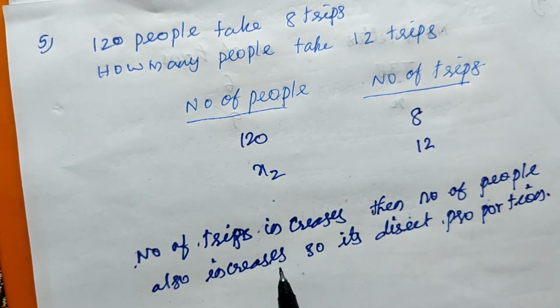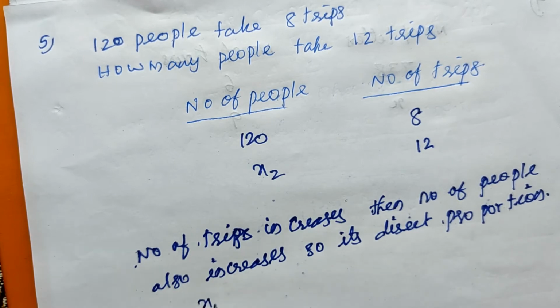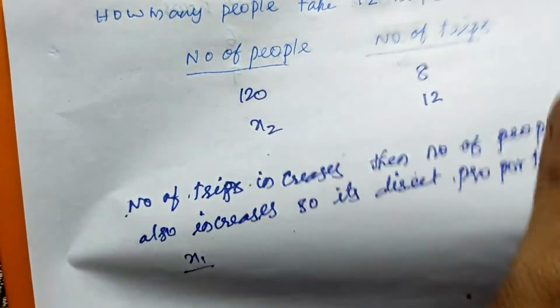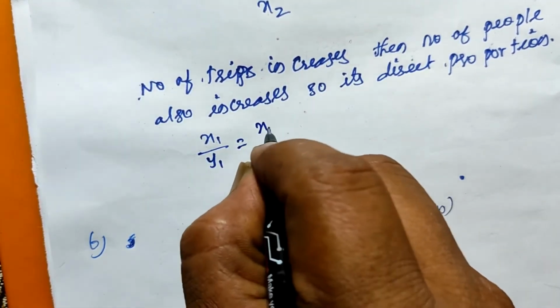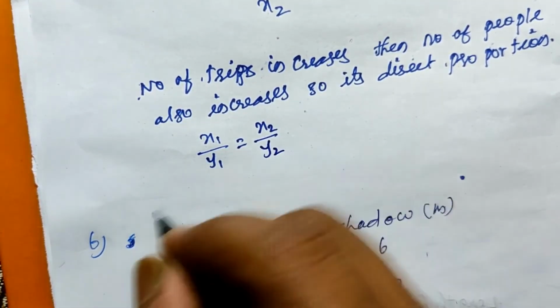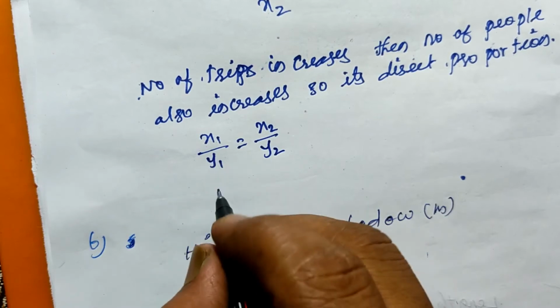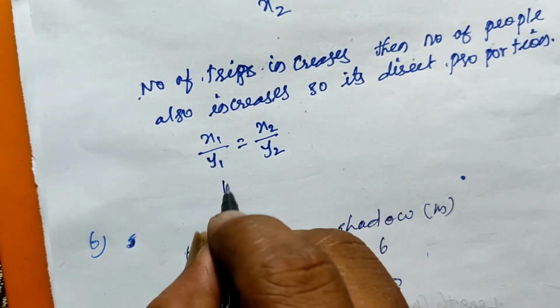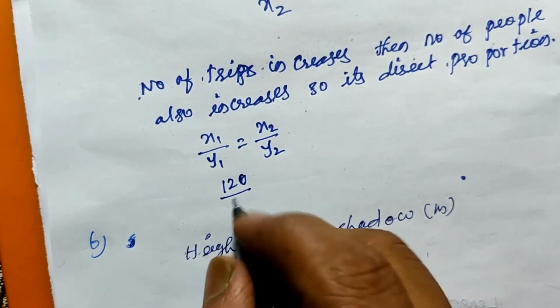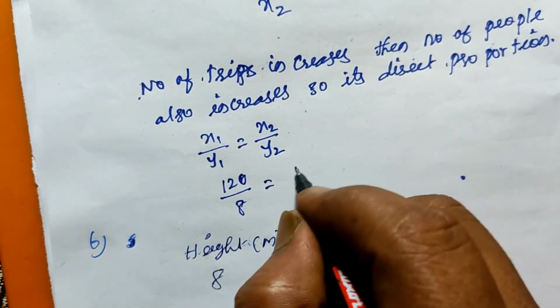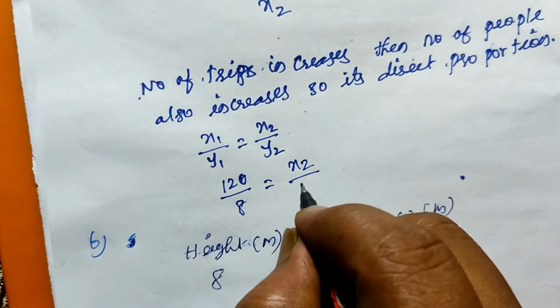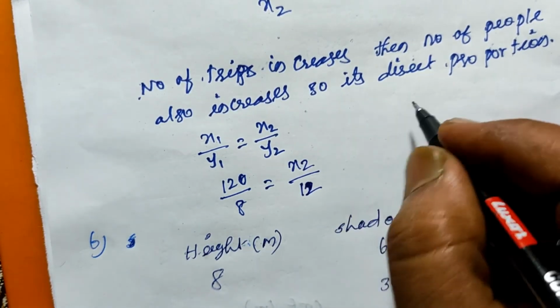Then what is the formula? x1 by y1 equal to x2 by y2. Then x1 how much? 120 divided by y1 8 equal to x2 by 12, right?